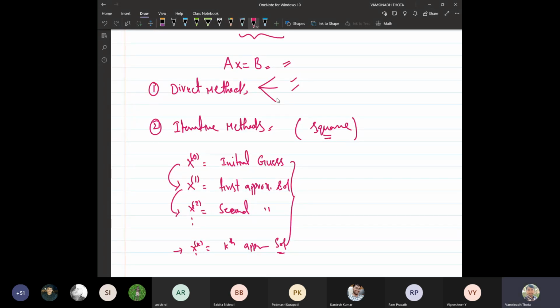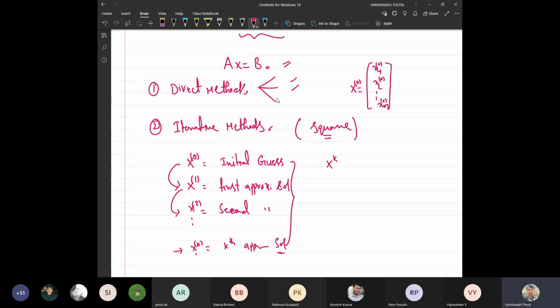Here also there is a method. It depends on the formula for the method. For example, let me tell you what x1 and x0 are. x is consisting of all the variables x1, x2, and so on up to xn. Now, x0 is not a single value. It is a vector, so there will be n entries.